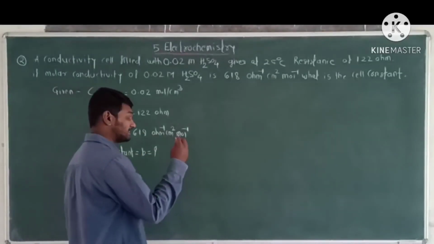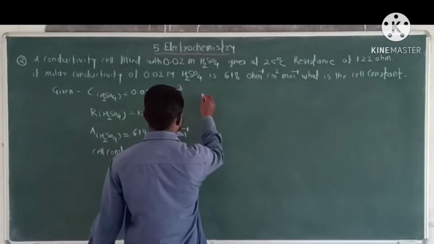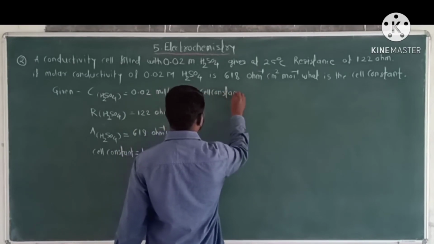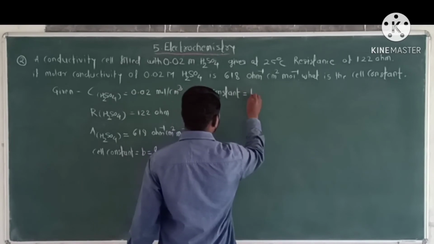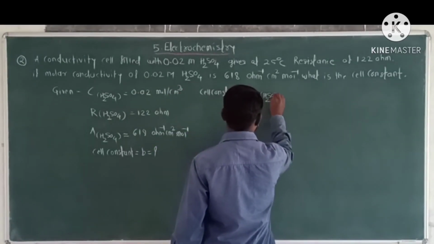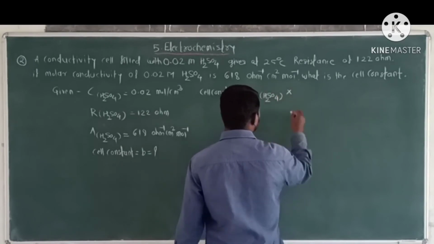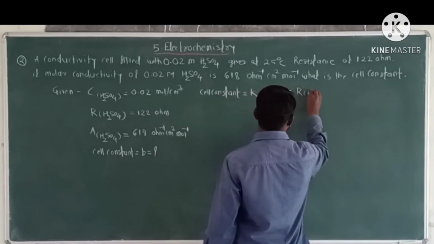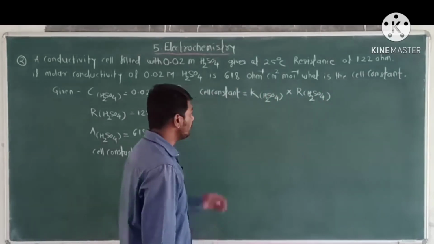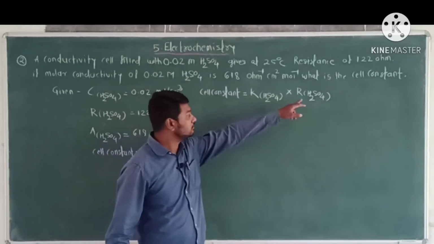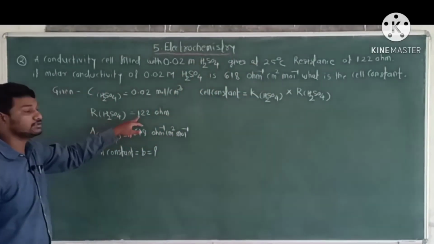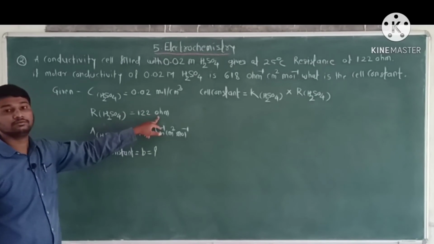Okay. Now the cell constant is calculated by using a formula: cell constant is equal to conductivity of sulfuric acid into resistance of sulfuric acid, that is R of H2SO4. Now the resistance of sulfuric acid is given in this numerical, that is 122 ohm.